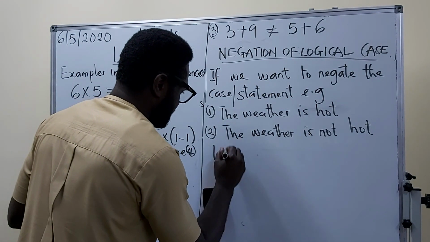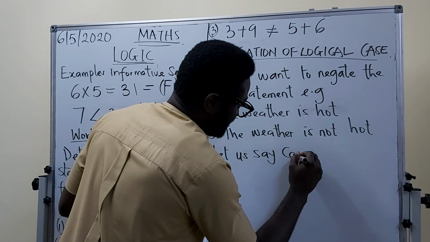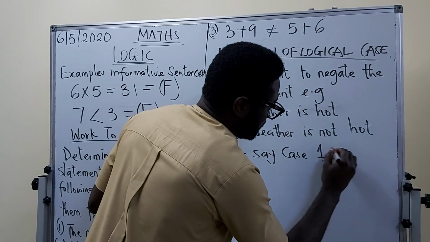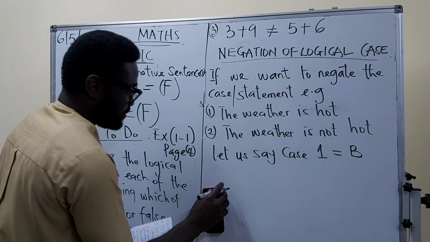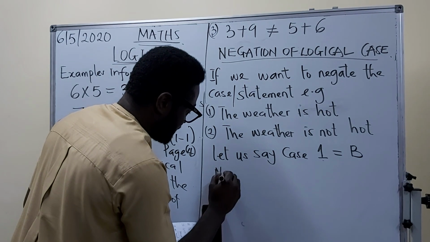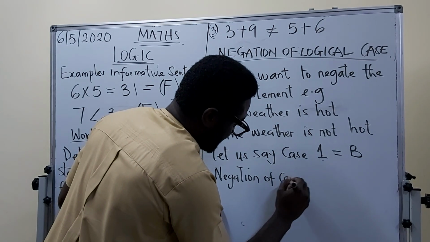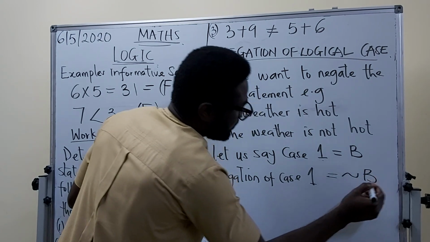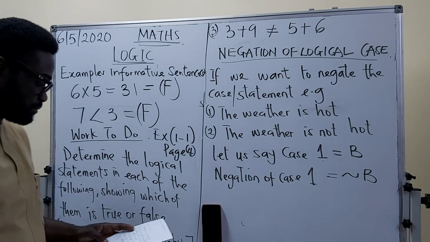So let us say case 1 is equals to B. So it means this sentence now, we are representing it with B. Then the negation of the case, that is the second statement of case 1, will be represented with this. This is the sign to show negation under logic.